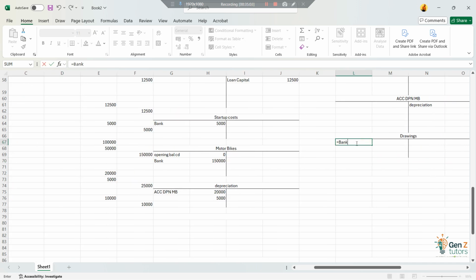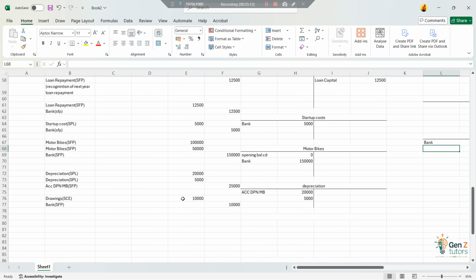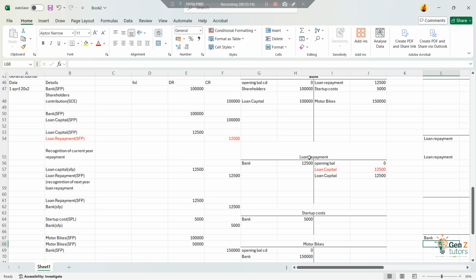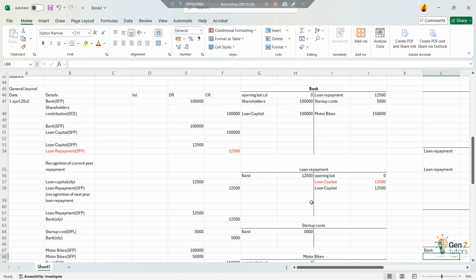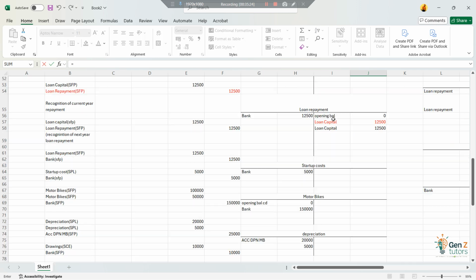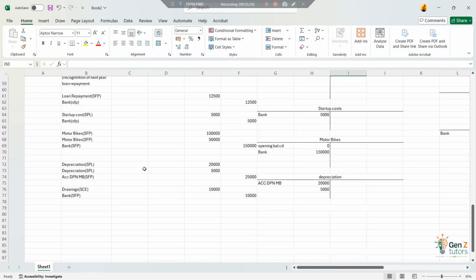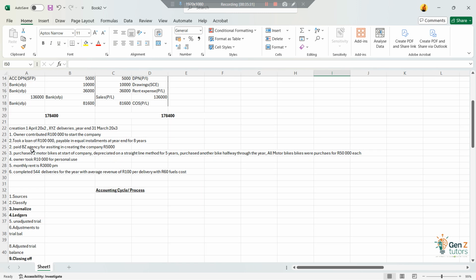And now on our drawings, you can create the drawings ledger account here. In the drawings ledger account, we have to debit the drawings ledger account due to bank.